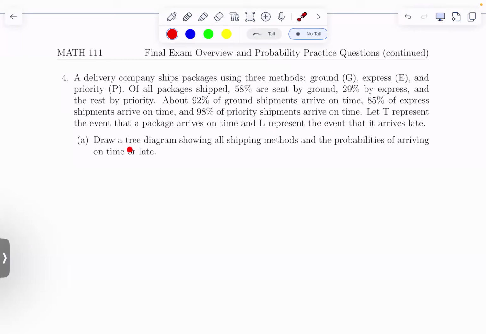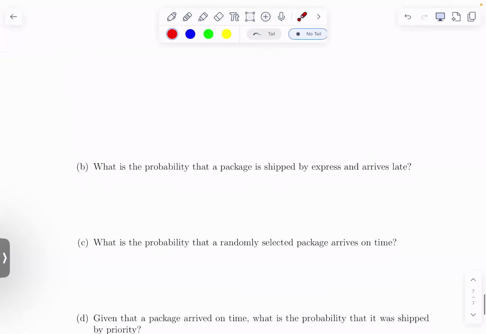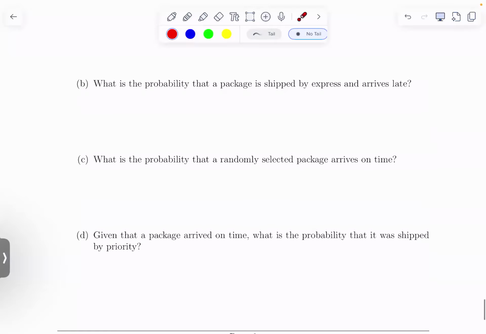I want you to draw a tree diagram showing all shipping methods and the probabilities of arriving on time or late. Then, what's the probability that a package is shipped by express and arrives late? You'll use the tree diagram to answer the rest of the questions. What's the probability that a randomly selected package arrives on time?